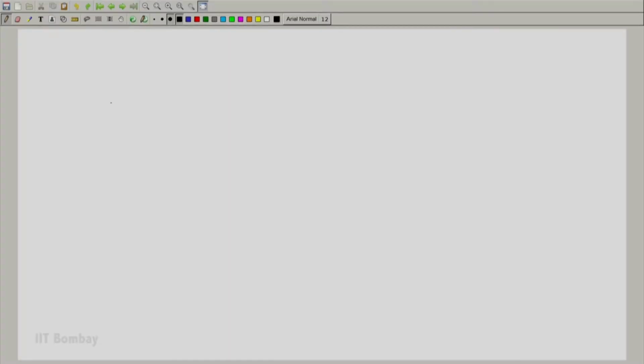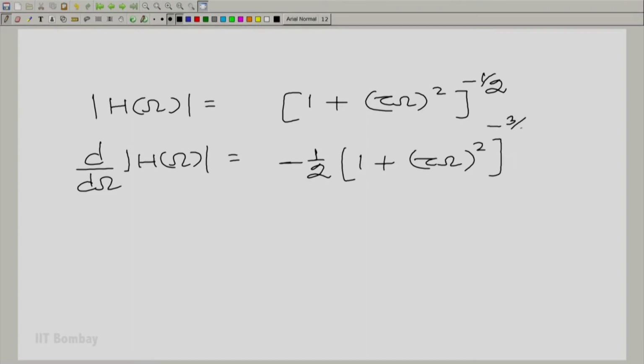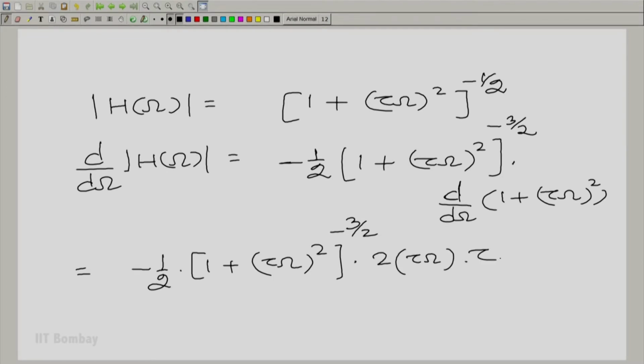So, of course, we have the expression mod H of omega can be written as 1 plus tau omega squared, the whole to the power minus half, and you can take d d omega of mod H of omega, which can be simplified. So, now you can see what is happening.